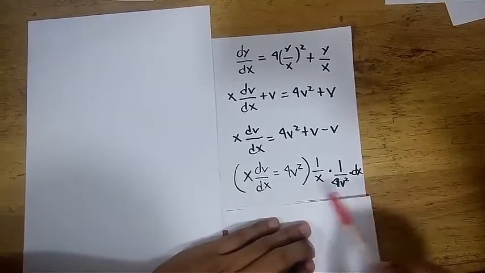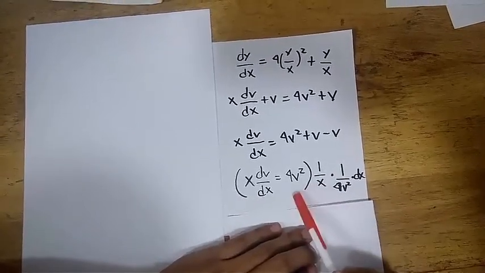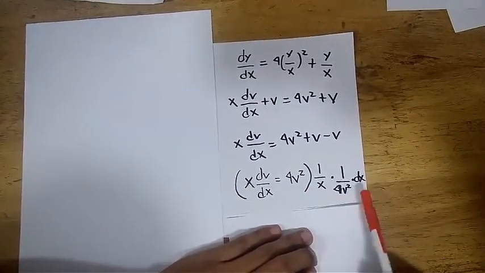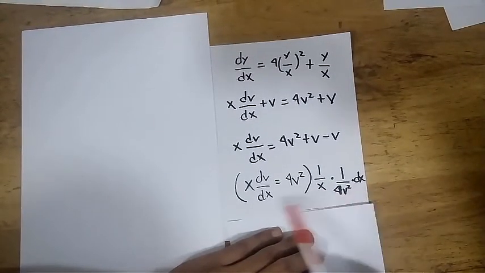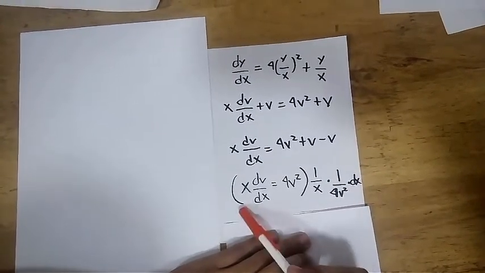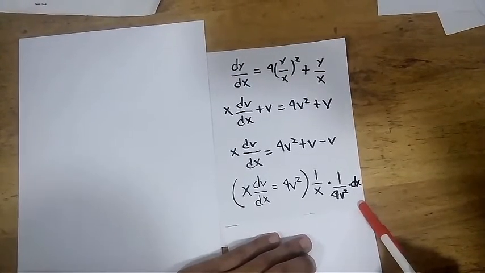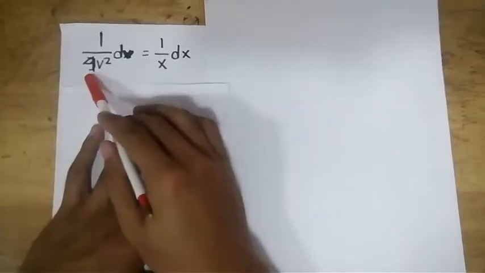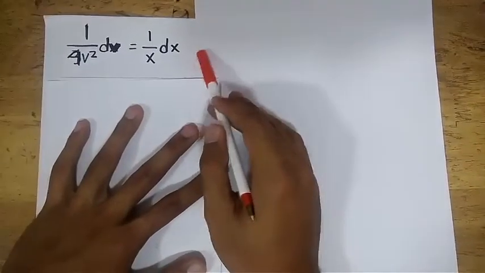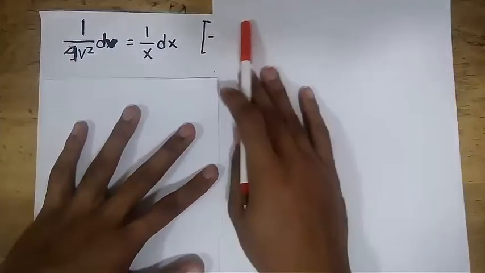Now let's put all the v variables on one side and the x variables on the other side, or cross multiplication. So we will have 1 over 4v squared dv equals 1 over x dx.